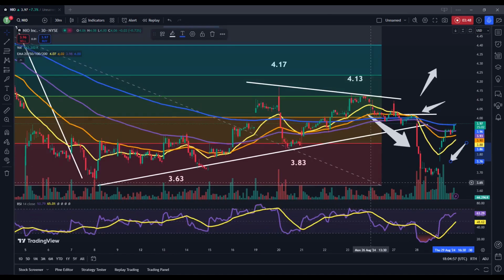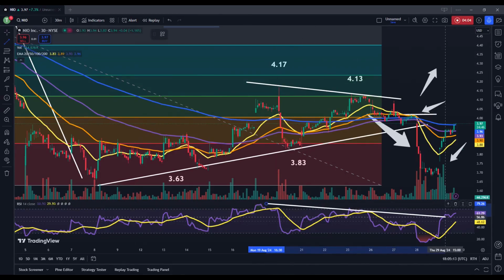Then we did start to see people move back into the market once that event risk was in the rearview mirror. After that risk was no longer a viable potential negative, investors started to look at this $3.60 level and felt as though the stock was a good value at that price zone.